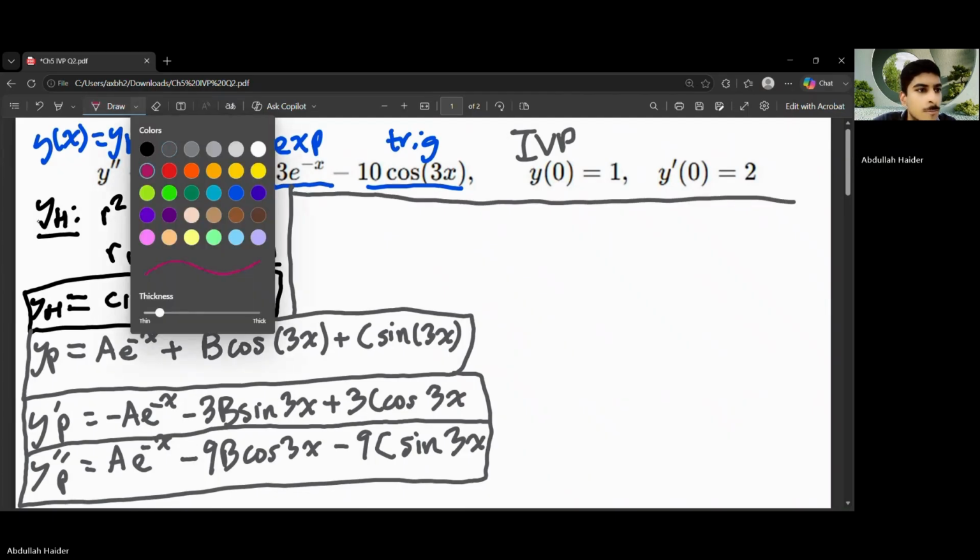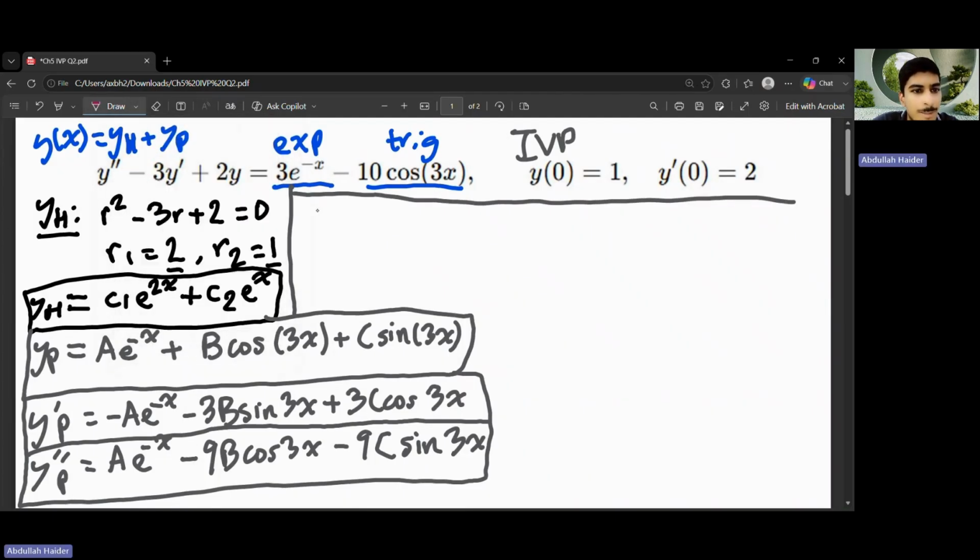So we'll keep y double prime as it is: a e^(-x) minus 9b cos 3x minus 9c sin 3x.